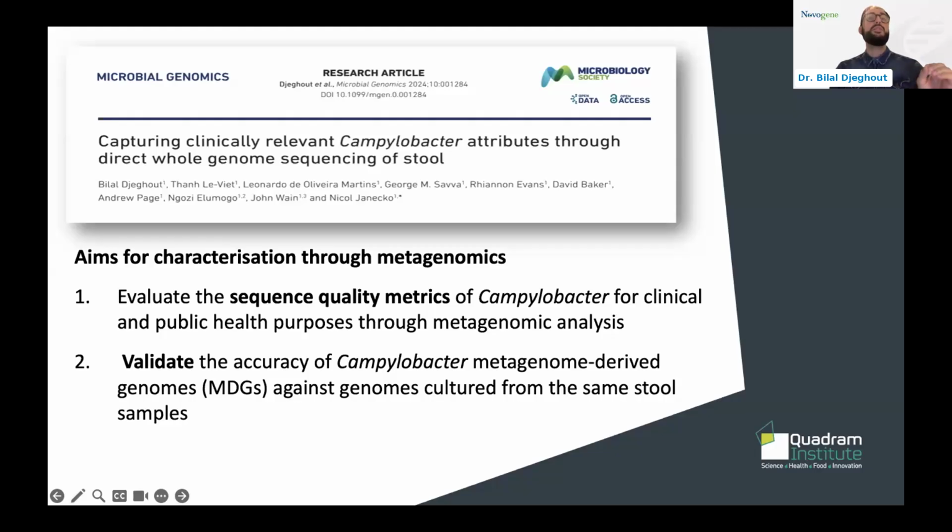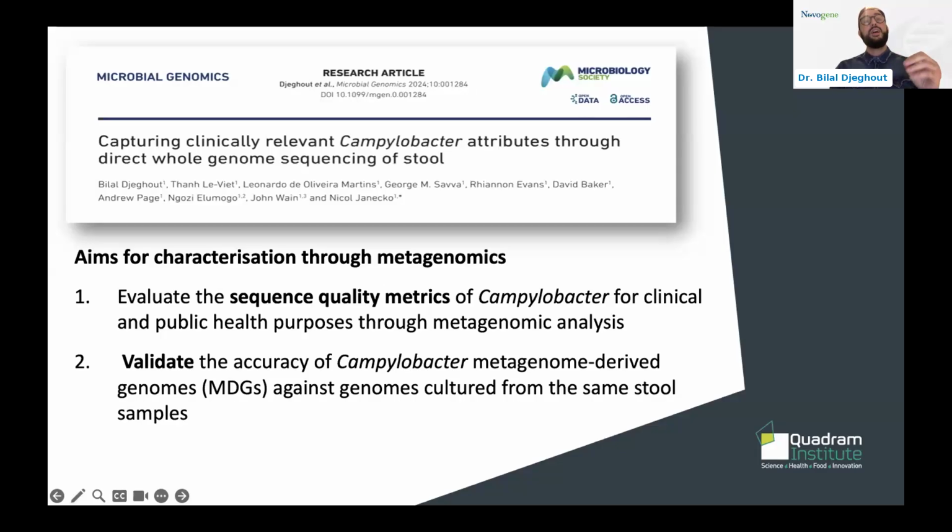Second, we aimed to validate the accuracy of metagenomic-derived Campylobacter genomes against those cultured from the same stool samples. And this comparison will help ensure that our metagenomic approach is not only effective, but also reliable.